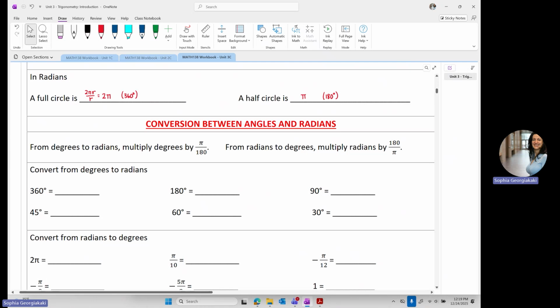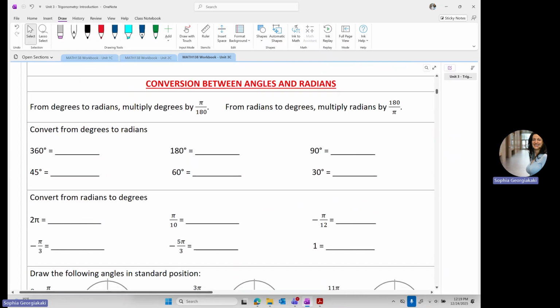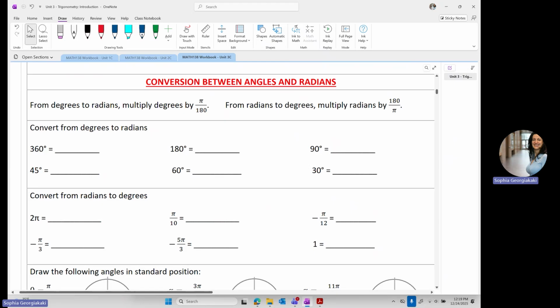So from degrees to radians, we multiply by pi radians over 180 degrees, and from radians to degrees, we multiply by 180 divided by pi. Now, you are welcome to use these conversion ratios to convert between degrees and radians back and forth.